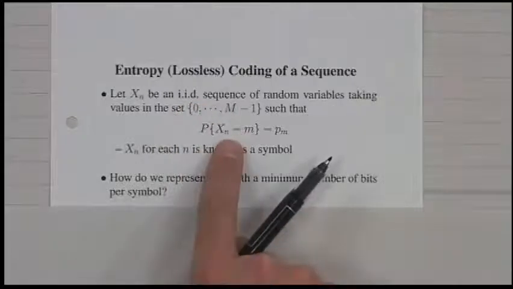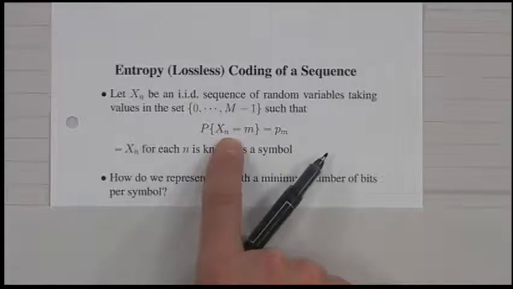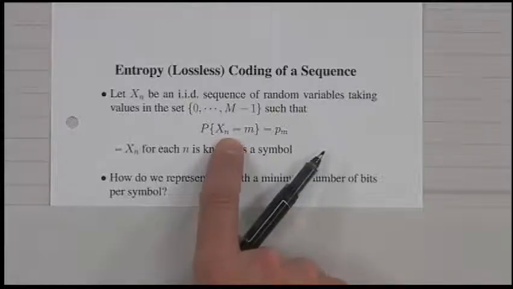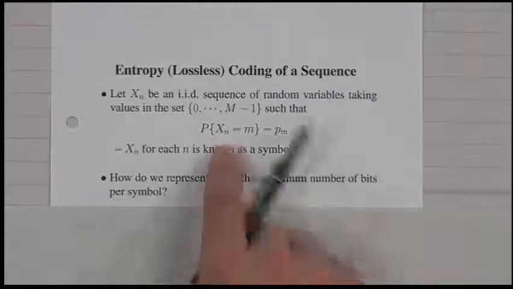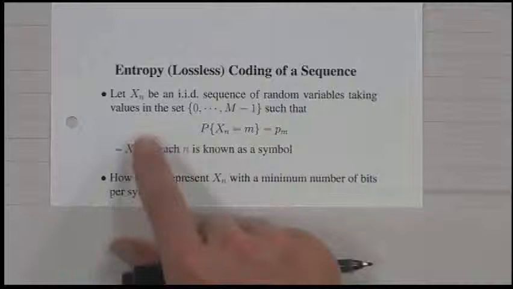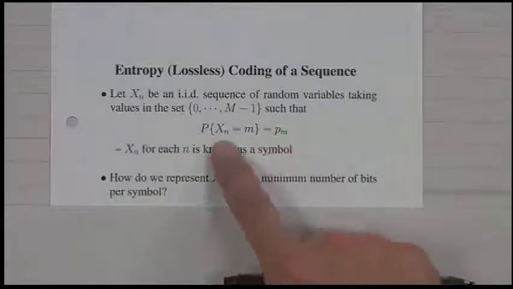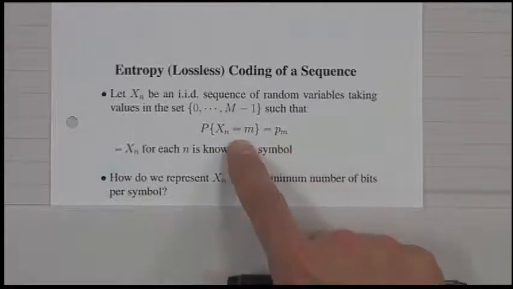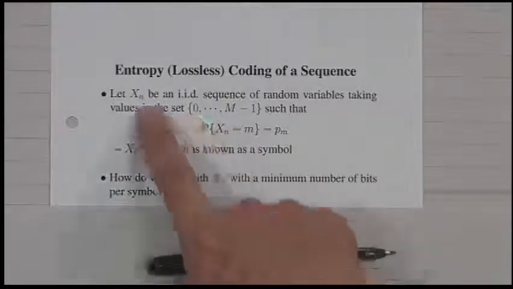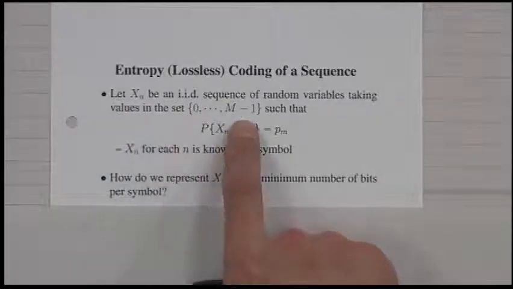So I can define the distribution for one random variable, and the distribution of the product of the random variables is the product of the densities because we're assuming they're independent. The probability that xn equals m is going to be defined as p of m. Without loss of generality, I can assume that xn takes on values between 0 and n minus 1.